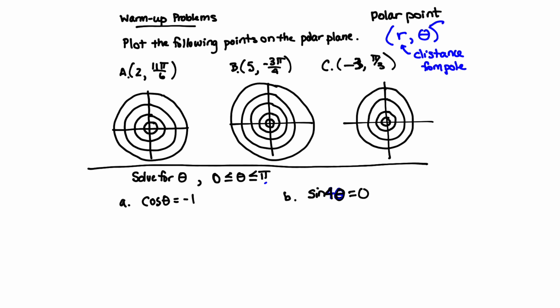And theta is measured from the positive x-axis, which we call the polar axis. So theta always gets measured from the positive x-axis in the counterclockwise direction, just like on a unit circle if it's a positive value, right?